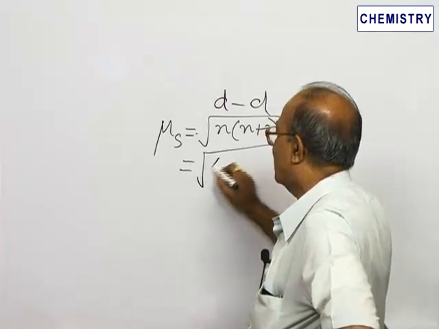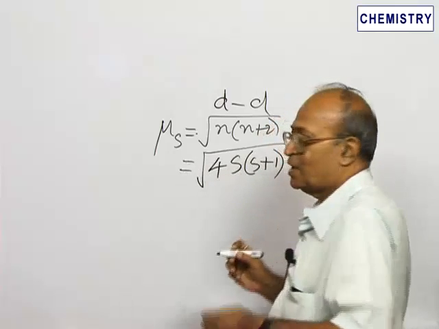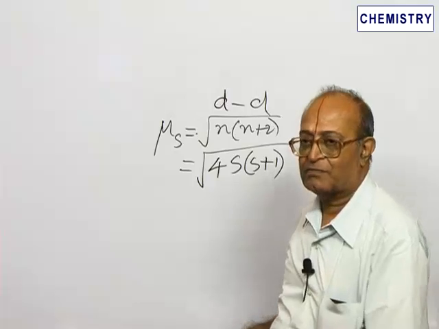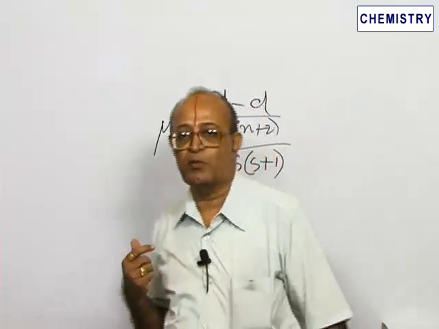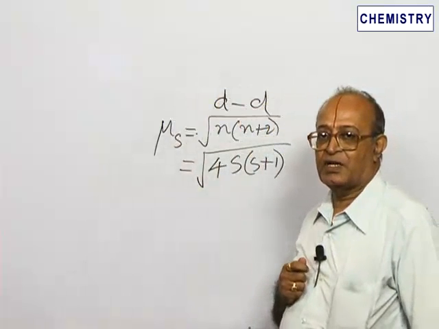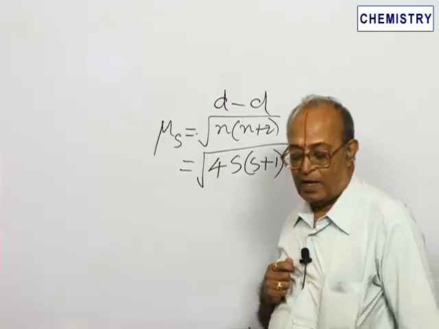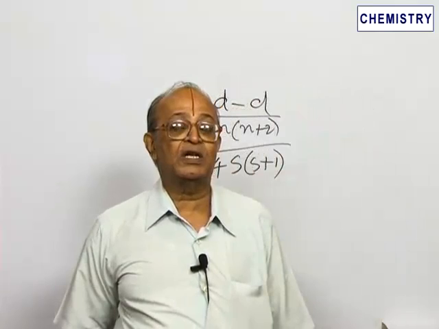There is also another expression which will give the same result. Mu s, spin only magnetic moment, is equal to root of 4 into capital S into S plus 1, where capital S is known as the total spin.